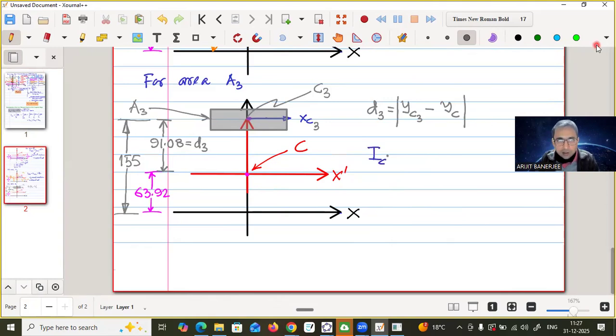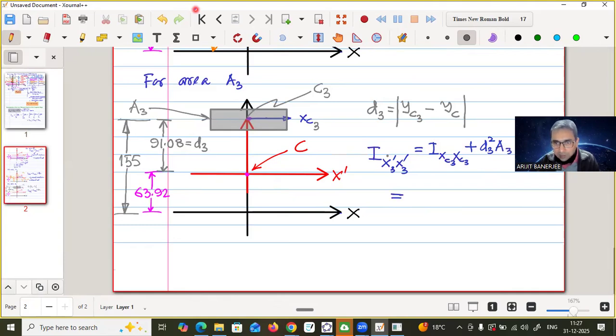Anyway, so what is therefore X prime 3 for the third area? It is XC3, XC3 plus D3 squared A3.